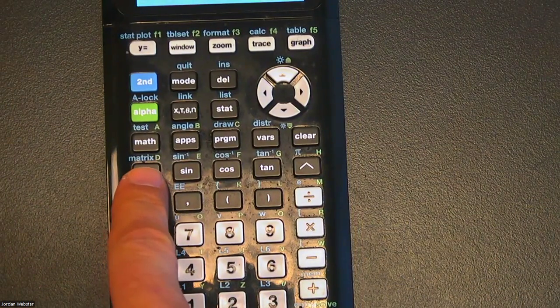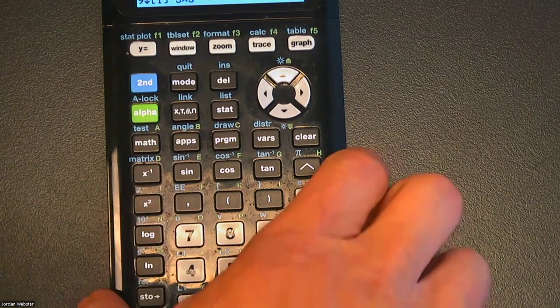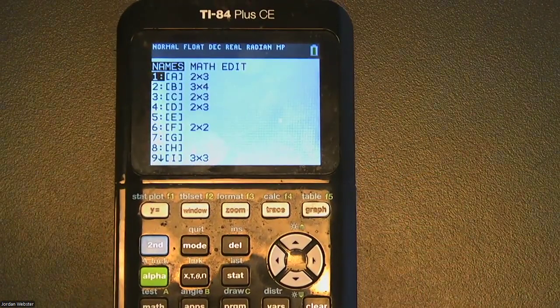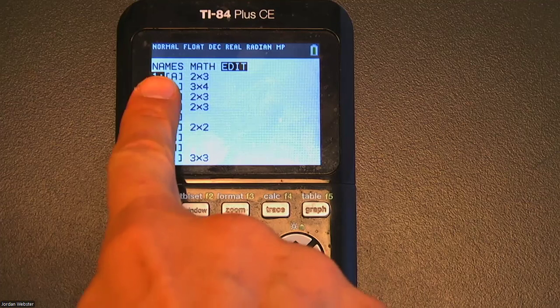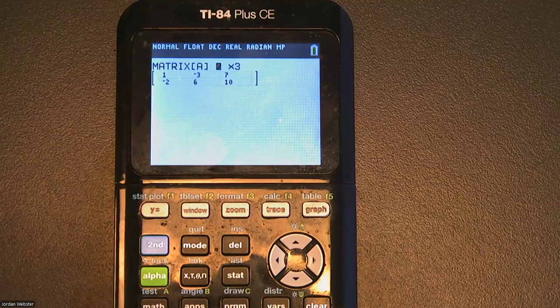So I hit second and then that button, and this pulls up the matrix menu. We're going to use this in the next section as well. That's why I'm prepping it. Whenever you're dealing with a matrix, the first thing you're going to have to do is edit the matrix entries. I have to put the matrix in. So let's go to matrix A.